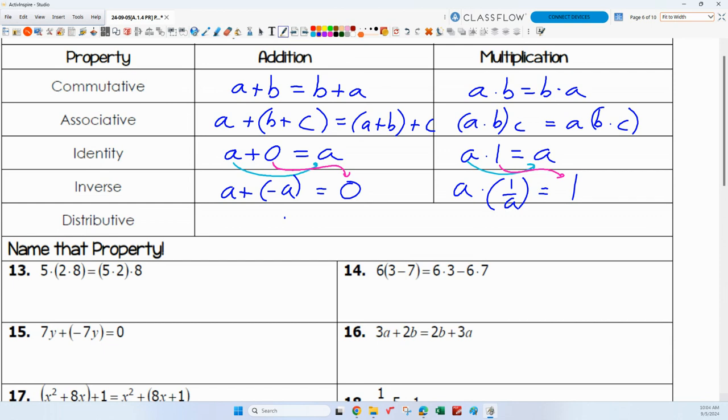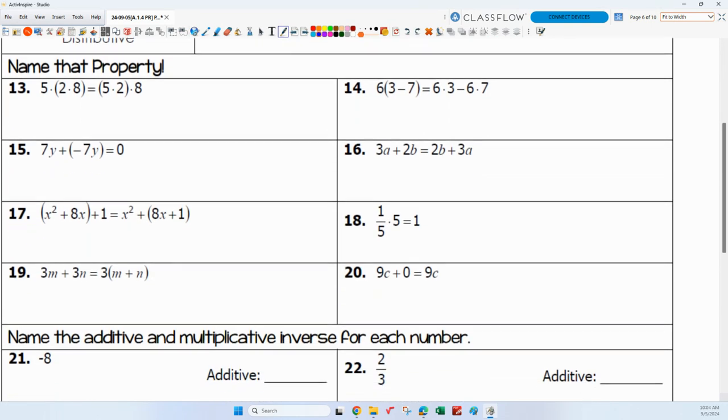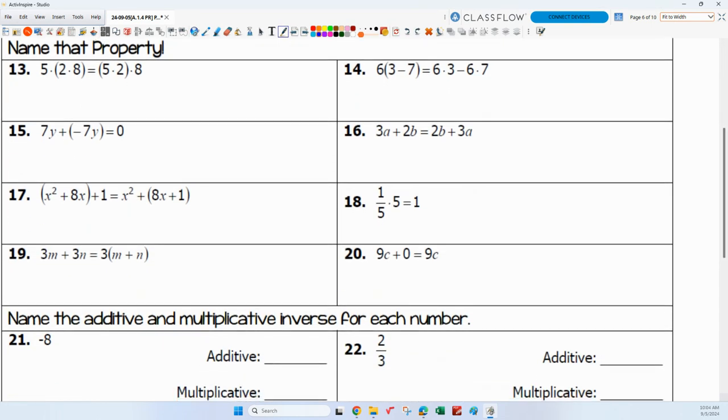Okay, now name these properties. Let's try a few of these. What about number 13? Stare at that for a second. I'd like you to tell me which property is being used or illustrated in problem 13. Mr. Bashirs, what's going on in 13?